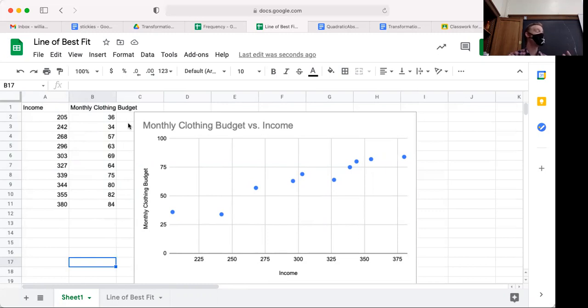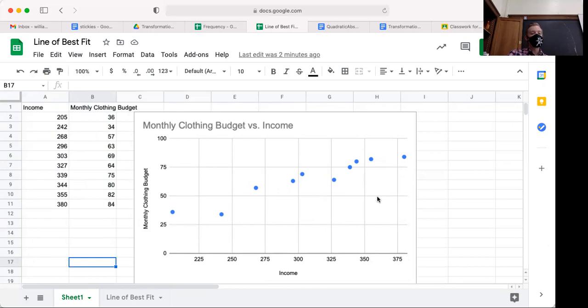It could potentially be the other way around. Maybe somebody is buying nicer clothes and therefore they are getting a better job as a result of the way they dress. That is a possibility. We don't necessarily know that one thing determines the other. All we can say right now is that these two things look like they are related because this forms a scatter plot that resembles a line right here. Does that make sense for the moment?